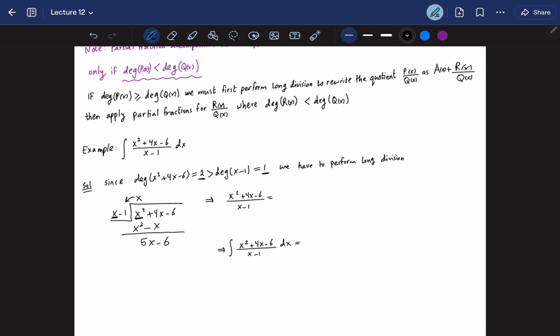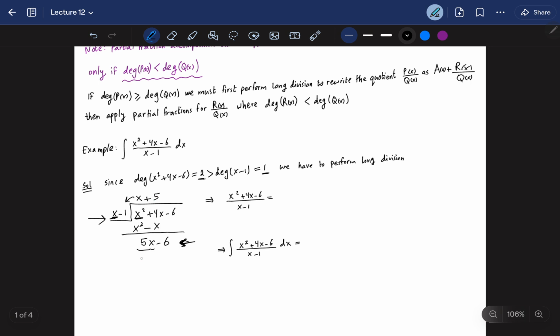Now when do we stop? When we get something with degree less than the degree of the divisor, we stop. Here, since we have the same degree, we have to continue. So 5x divided by x is plus 5.